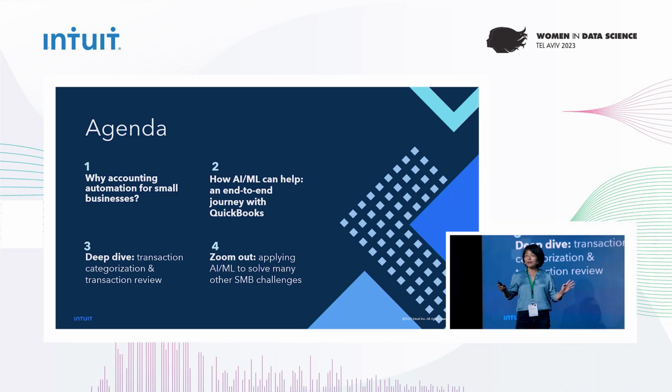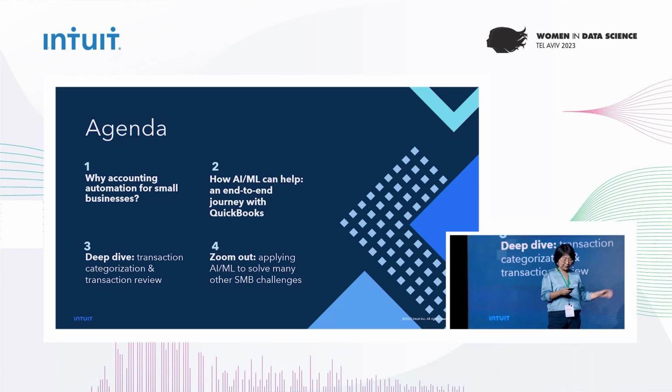Then, given that this is a technical audience, we'll do a deep dive on transaction categorization and transaction review. And finally, I want to zoom out to see, beyond accounting automation, what other AI/ML work our AI team has been doing.